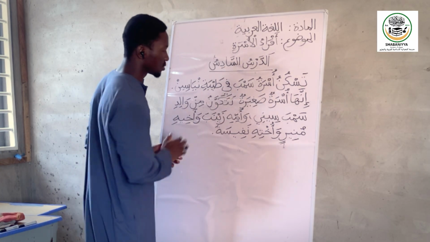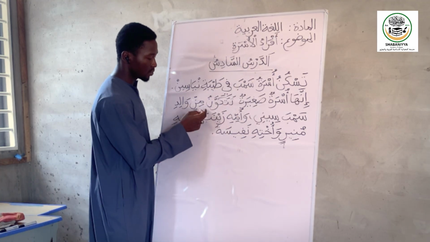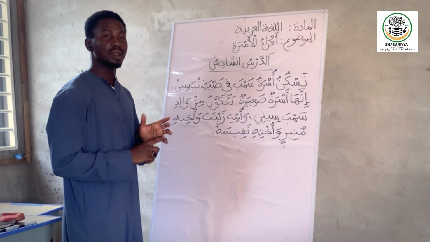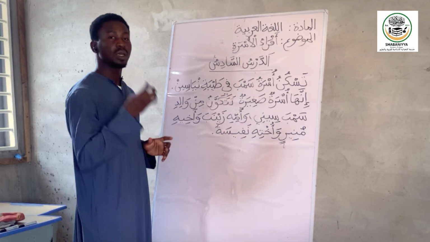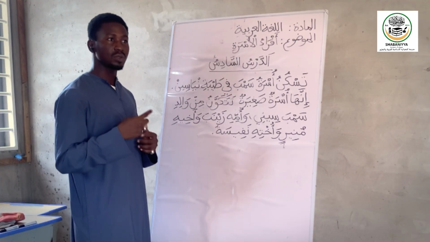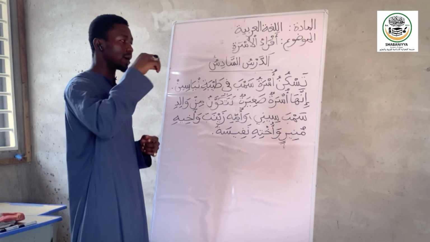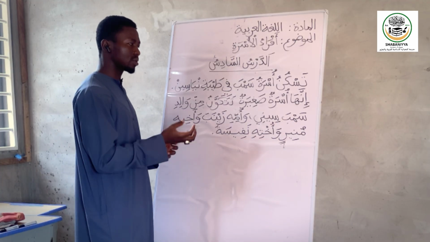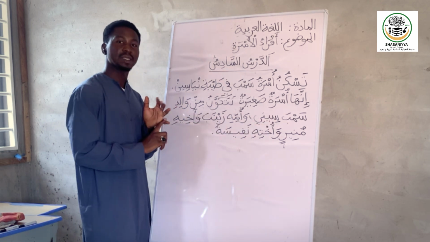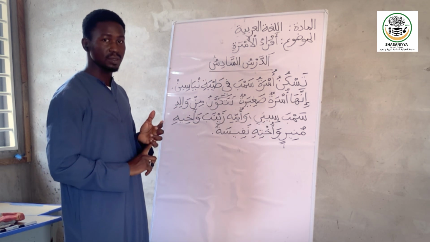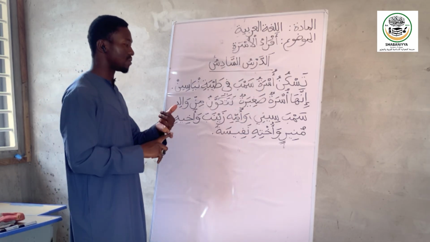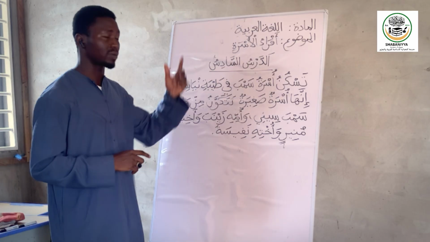So it goes on to say, Tatakawwanu min wali Samba. The family consists of, or comprises, Samba's father. So now we are talking about the people in the family. Samba's father is the first member mentioned in the text apart from Samba.